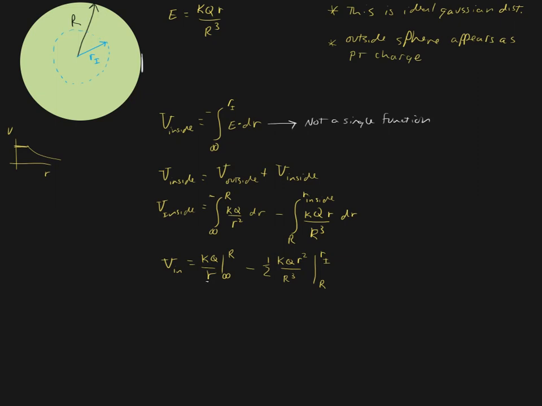And so none of this should be a surprise, so the potential on the inside is going to be equal to, when we evaluate this, kQ over capital R minus 0. So this just becomes kQ over capital R, as though it's a point charge.